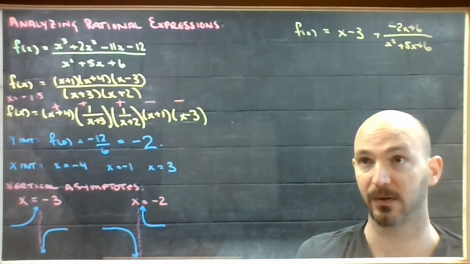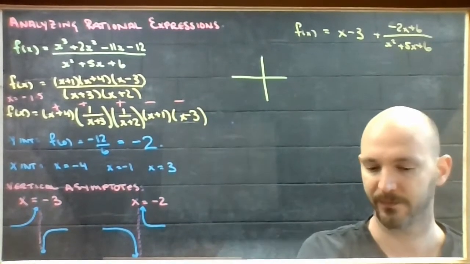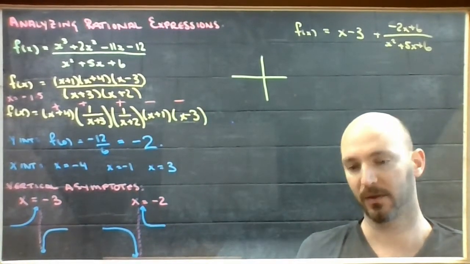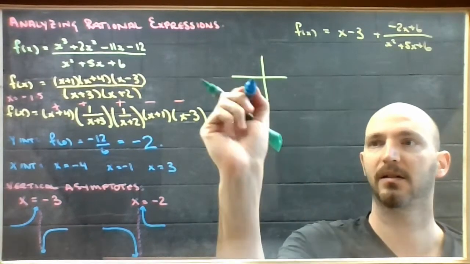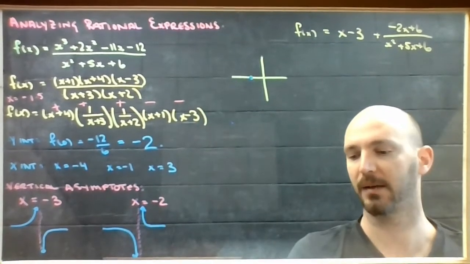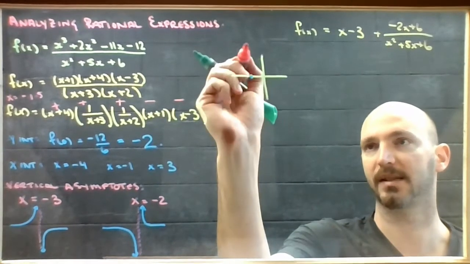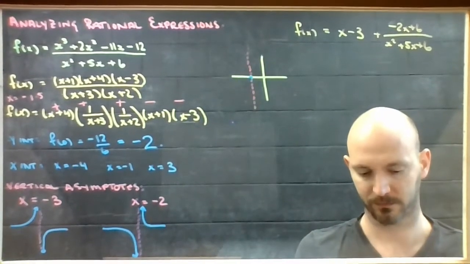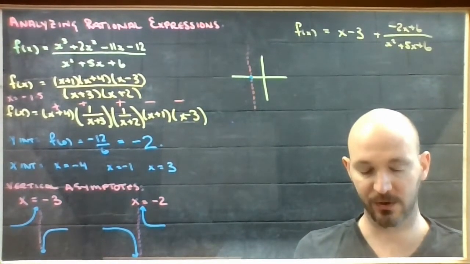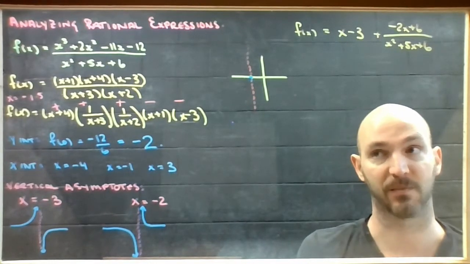an asymptote. And if you don't believe me, I'm just going to quick draw one here for you. I'm going to put an X-intercept here, and I'm going to put a vertical asymptote on the same place. And then I want you to imagine trying to connect these two features the way you're supposed to.